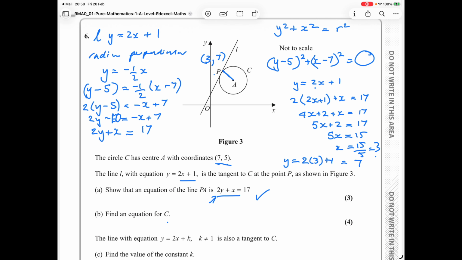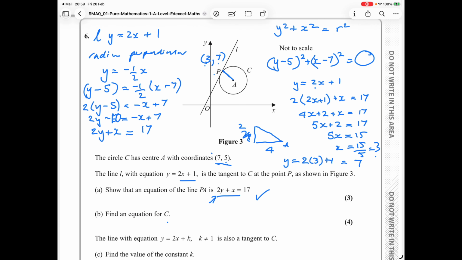Okay. Now if we were to do a little drawing of this, A is there, P is there, and the difference between 3 and 7 is 4, and the difference between 5 and 7 is 2.